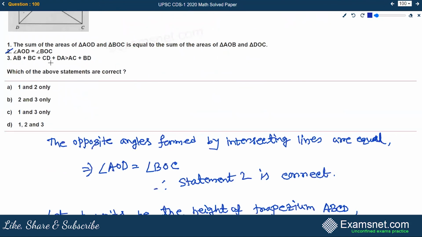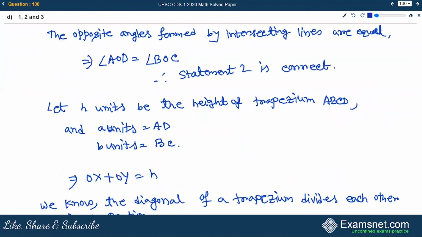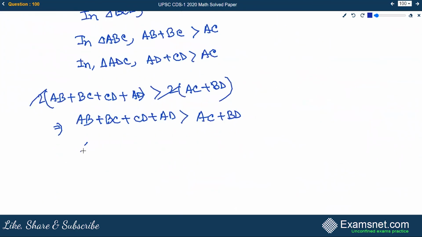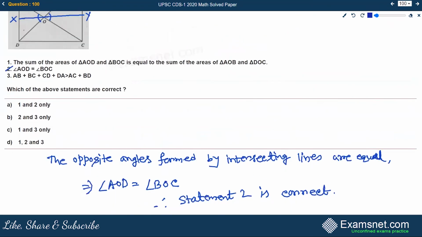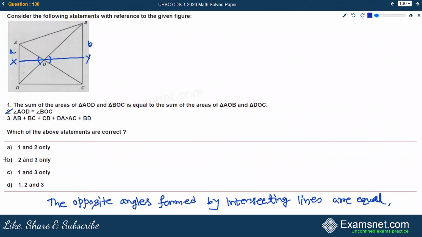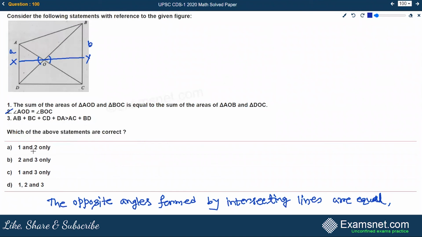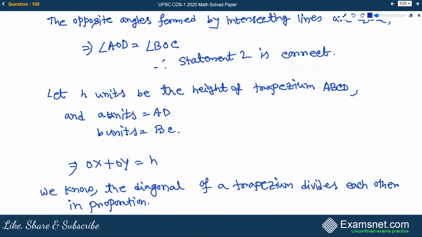AB plus BC plus CD plus DA greater than AC plus BD. That means, yes, it satisfied the third statement. Therefore, statement 3 is correct. So all together we got only statements 2 and 3 are correct. First one is wrong. So option B is the correct answer. 2 and 3 only correct.